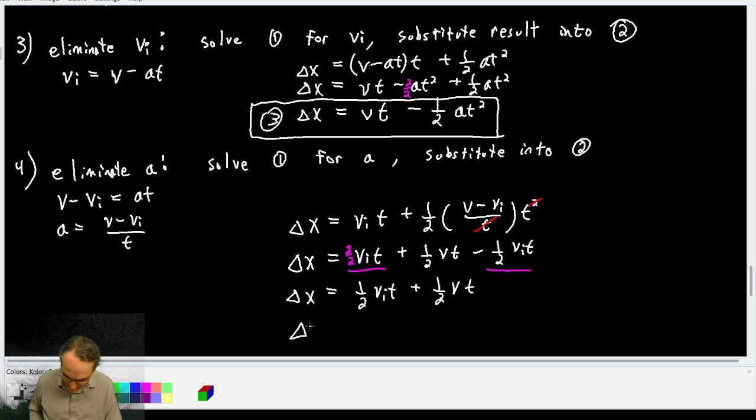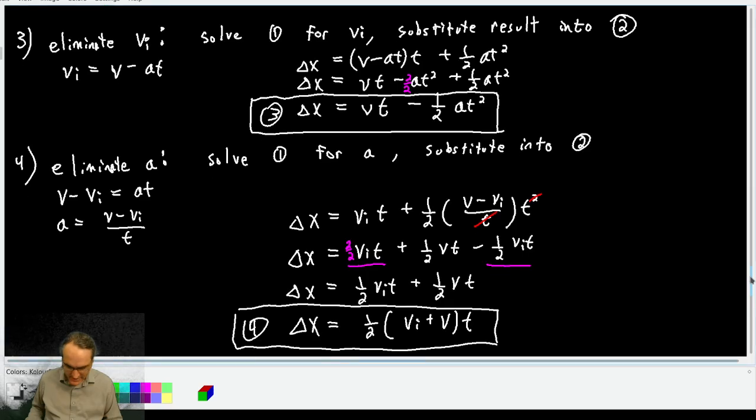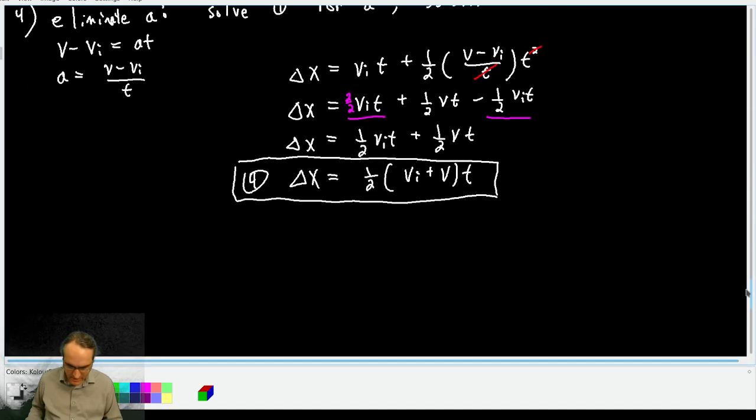I'll do it as one more step. Pull the 1/2 out in front, vi plus v final, pull the t out and back. There we have our equation number 4. Okay, so not bad, running just short of 6 minutes to reach this point. We'll see how long it takes to do the 5th one, because the 5th one we have to deal with a quadratic and there's really no way around it.